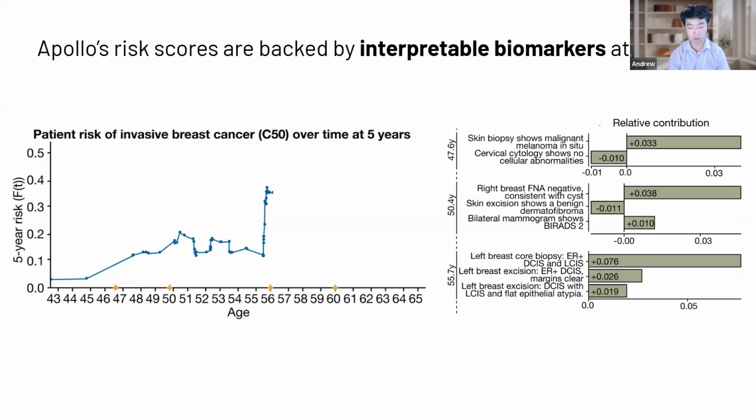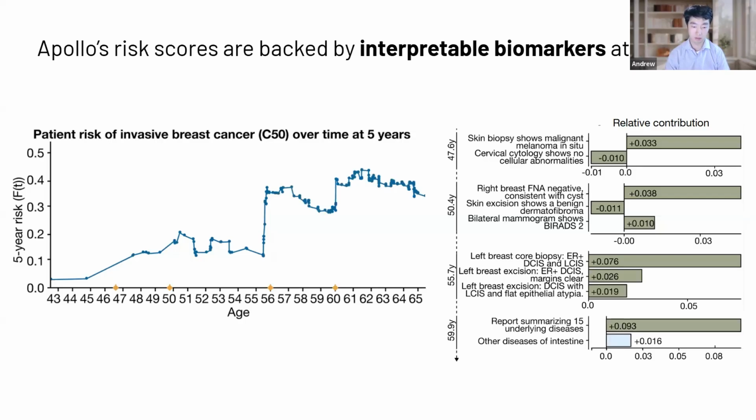That's why we have such a big jump here. And eventually in this timeline, at around age 65, the patient is diagnosed with invasive breast cancer, although you can see they removed it with clear margins.